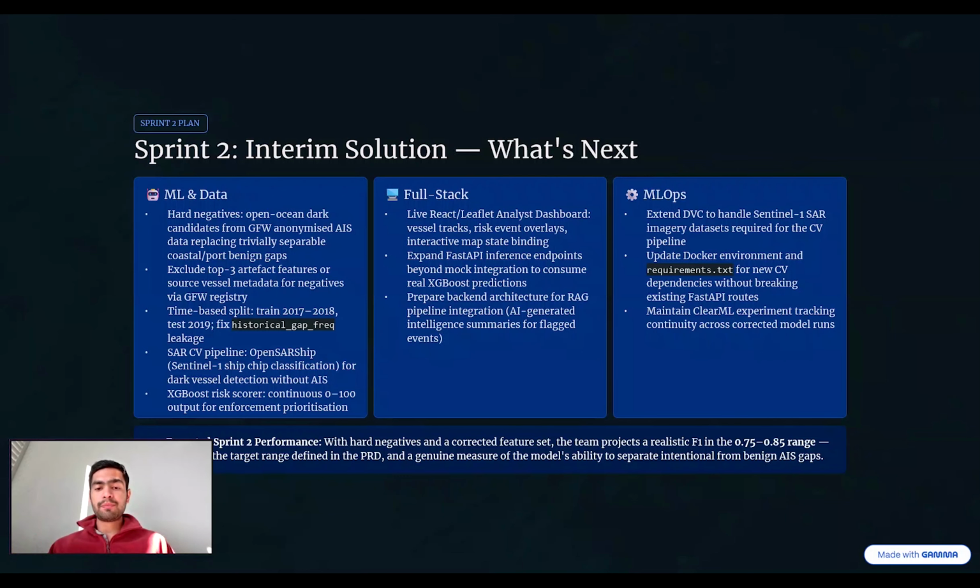Then the next part will be full stack, connecting the real world model to the API, then delivering dashboard version 1. And for MLOps, DVC tracking for SAR imagery, proper updates for CV dependencies, and an infrastructure guide for the pipeline. It is fully documented.